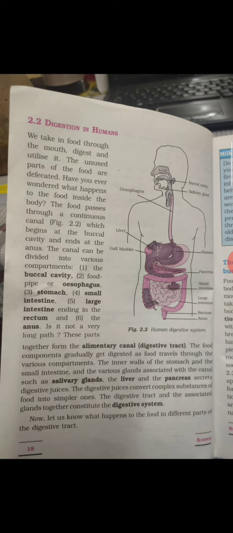So all these organs along with the glands constitute the digestive system. Now let us know what happens to the food in different parts of the digestive tract through this video.